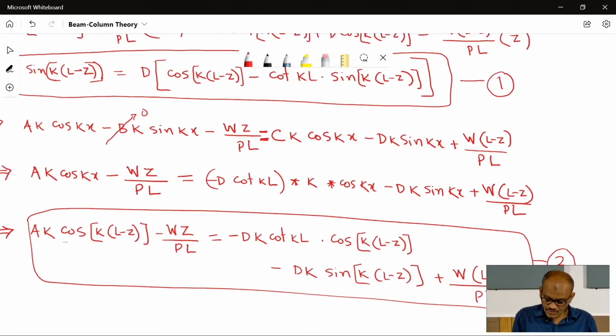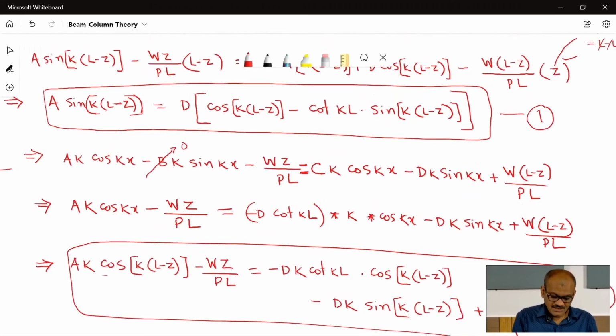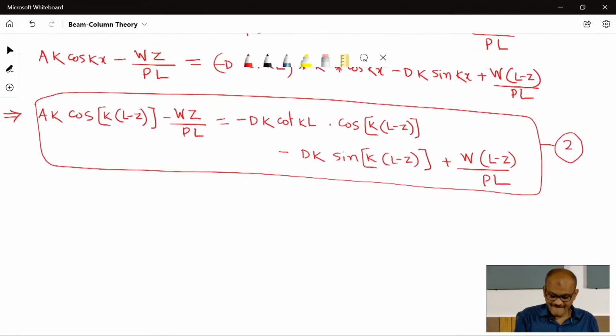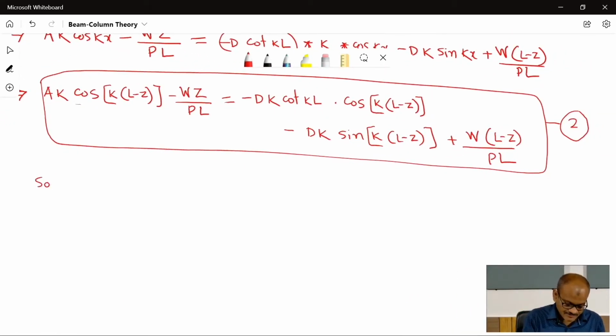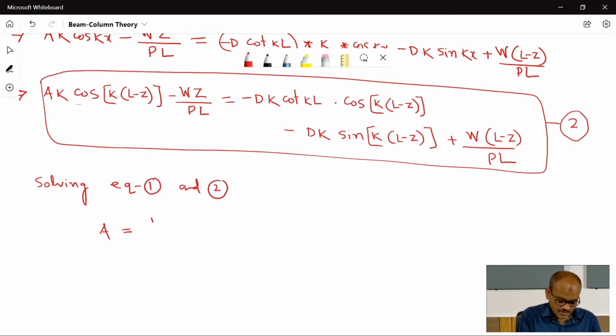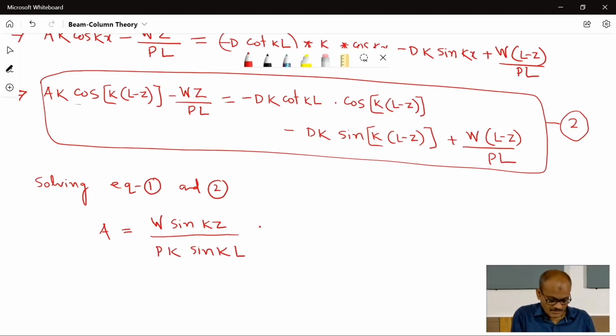And we will have to solve these two equations. These two equations have two unknowns, A and D. If you solve equations 1 and 2, we get A is equal to W sin kz divided by Pk sin kL. B value is equal to 0, we know.